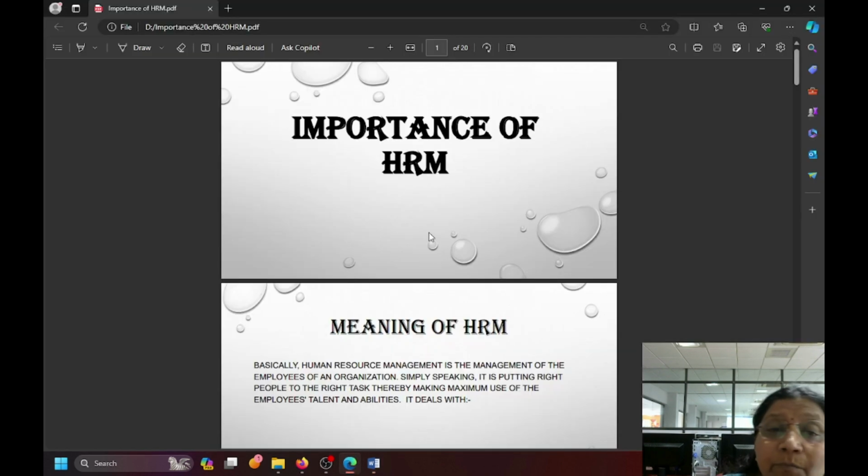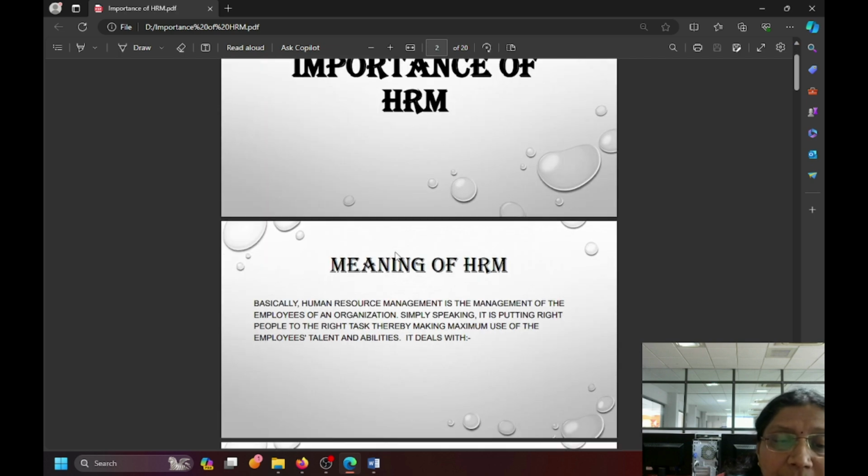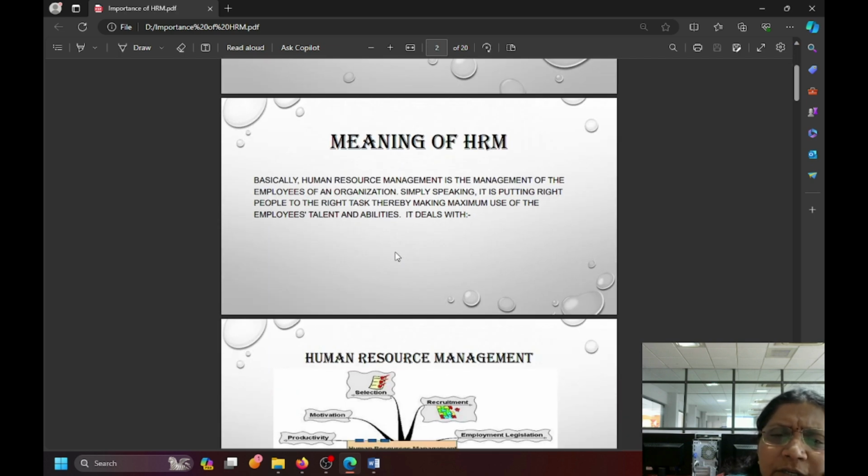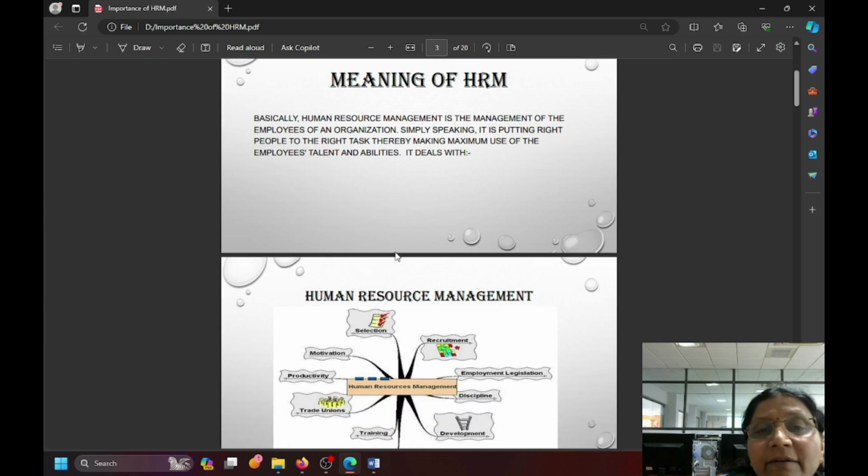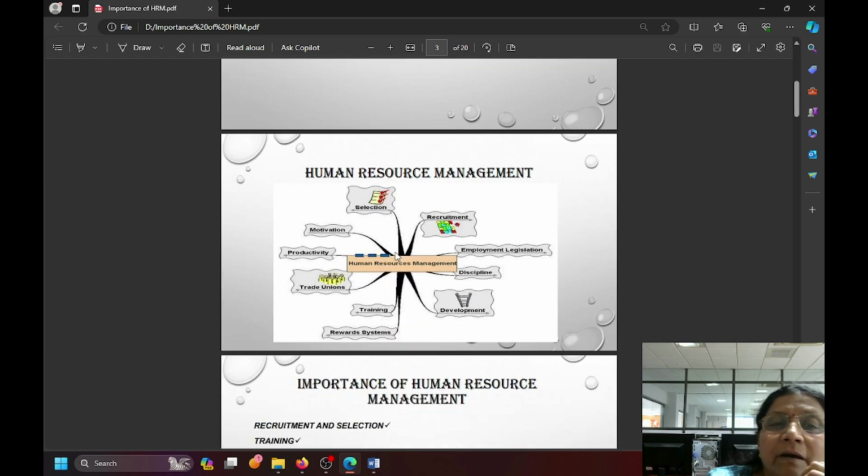So we can understand the importance of HRM, that is human resource management. Human resource management is the management of the employees working in the organization, putting the right people to the right task, thereby making maximum use of the employees' talent and abilities. So ideally, human resource has so many components such as selection, recruitment, employment legislation, discipline, development, training, reward system, and unions.